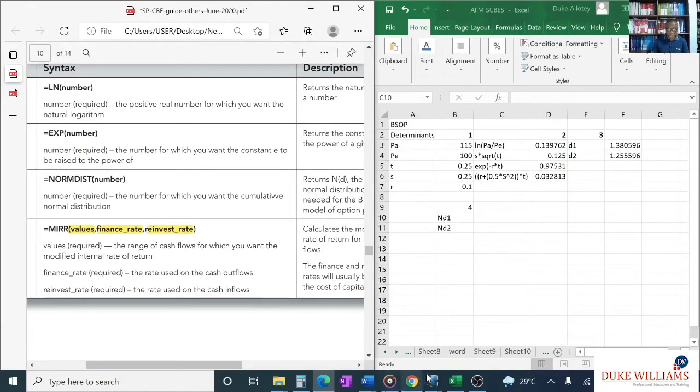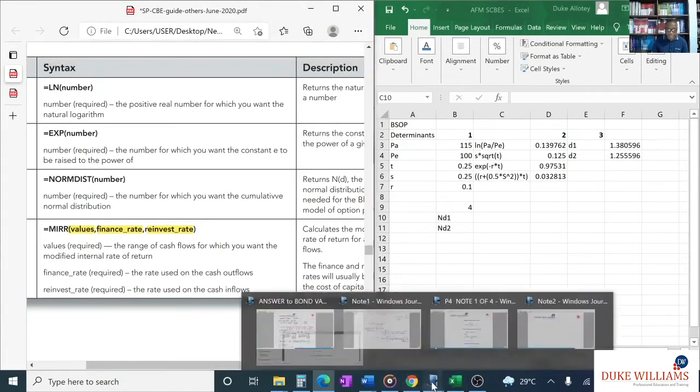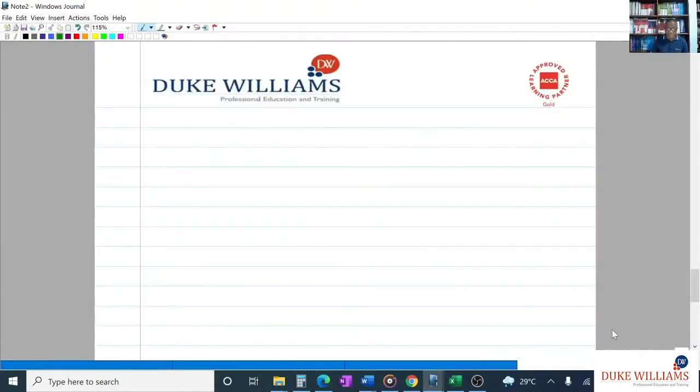So you literally just demonstrate that. So it's going to be equal to norm dist, so normal standard distribution, norm S dist.